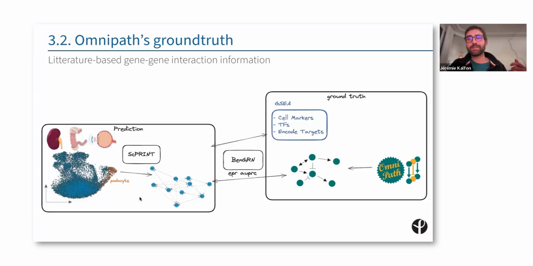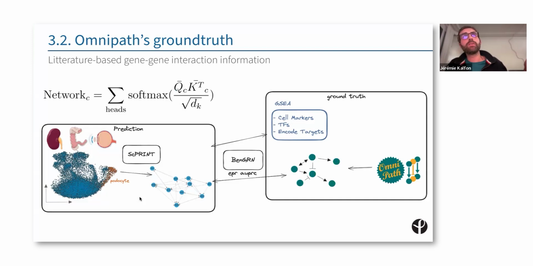Then one question you can have is, well, SPRINT takes one cell at a time, so how do you aggregate your gene network over many cells? Again, you could think of just taking the average of all of your networks for the set of cells that you give. Here we propose something a bit different. If you know how you compute an attention matrix, instead of averaging the attention matrices themselves, we take the average of all of the Qs and the Ks, the keys and the queries that allow you to compute your attention matrices over those cells.